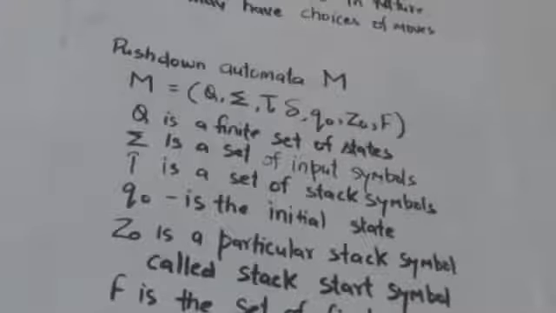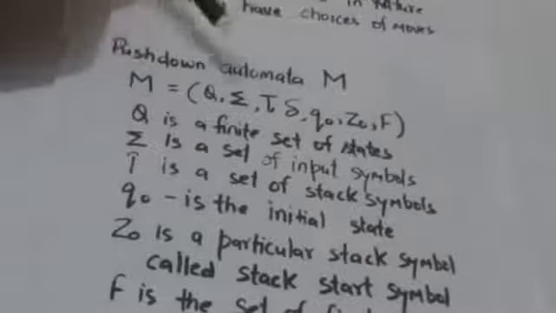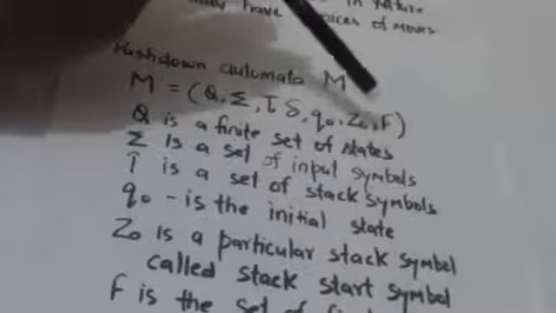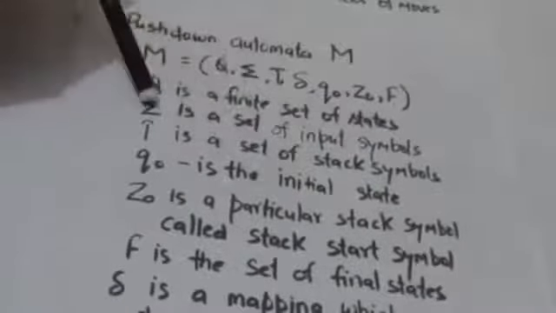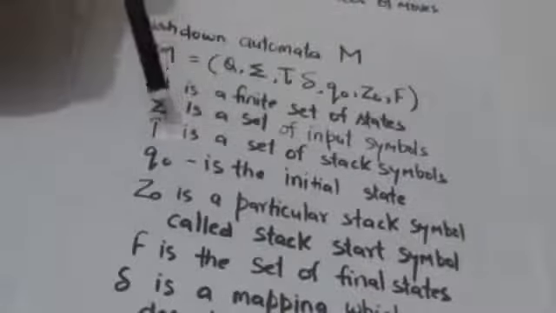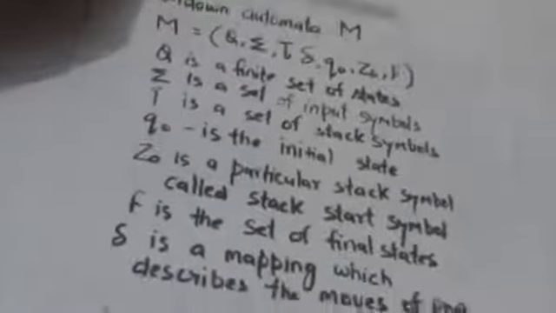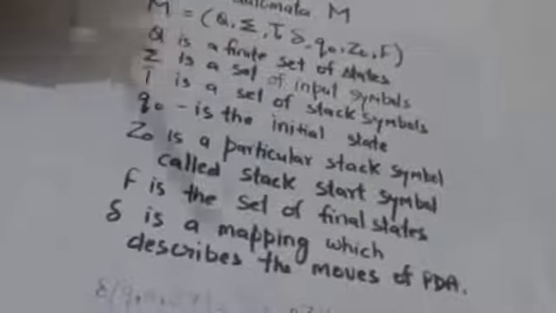A pushdown automata M is defined by a 7-tuple: Q, sigma, gamma, delta, q naught, Z naught, F, where Q is a finite set of states, sigma is a set of input symbols, gamma is a set of stack symbols. These are the symbols which can be put in a stack. Q naught is the initial state of pushdown automata.